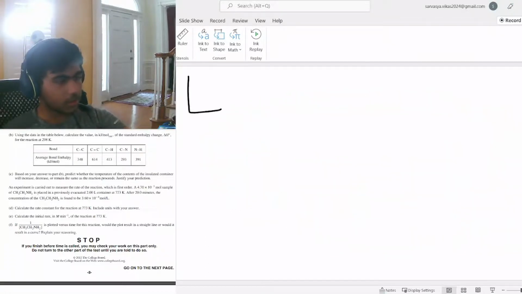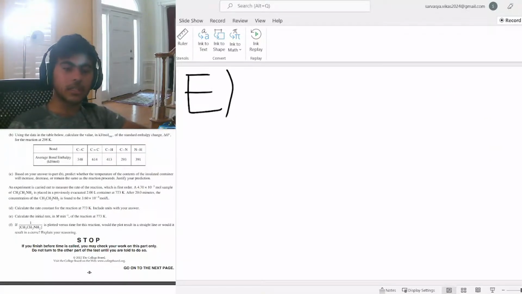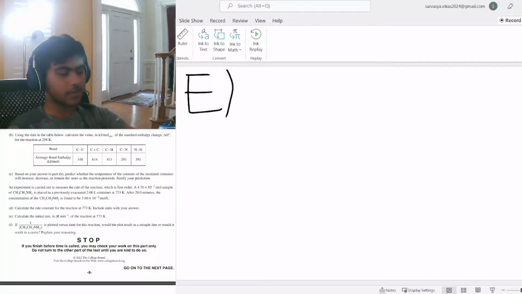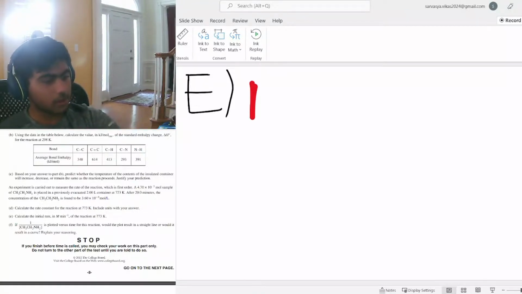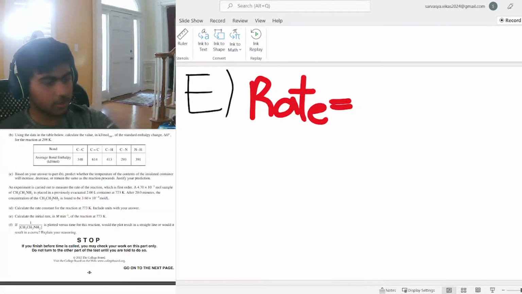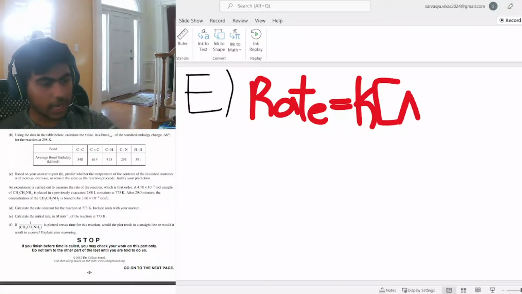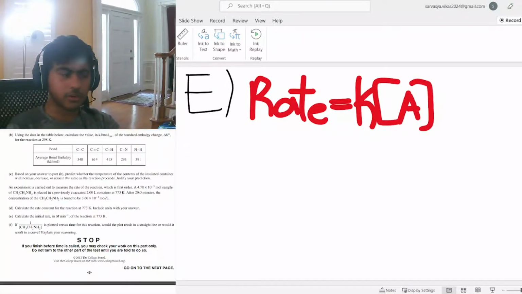All right, the next part, part E, says calculate the initial rate in molarity per minute of the reaction at 773 Kelvin. Well, what do we have here? So we know the rate law. We figured out that the rate law is k, the k that we just found, times the concentration of A to the first power, since it's first order.